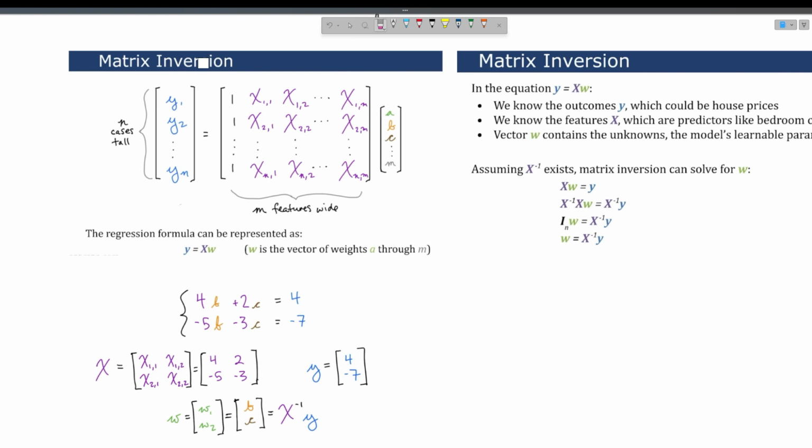Okay, here, matrix inversion. Earlier we did mention this case, right? We were talking about this: this is basically the house price, the features, and some parameters, some constants.